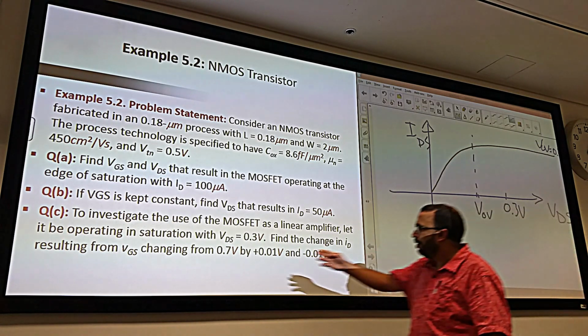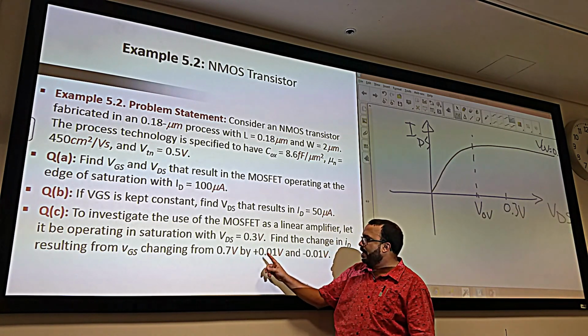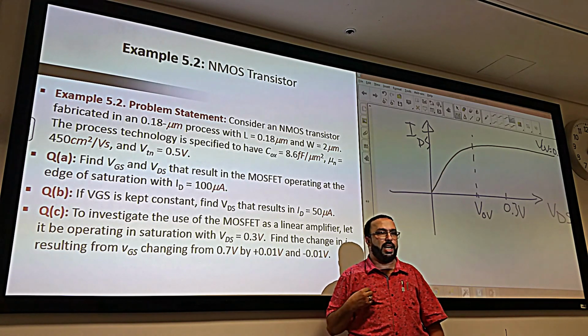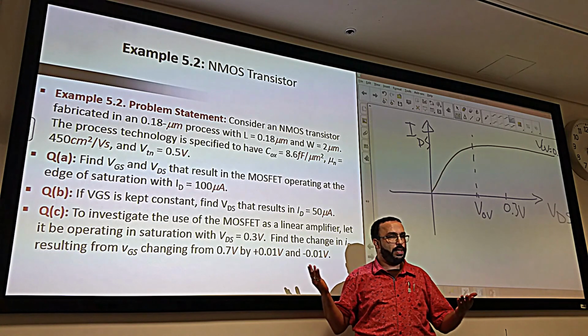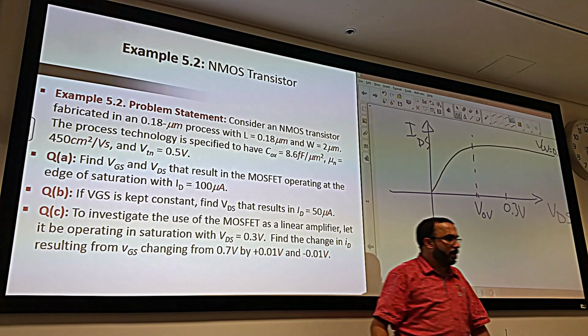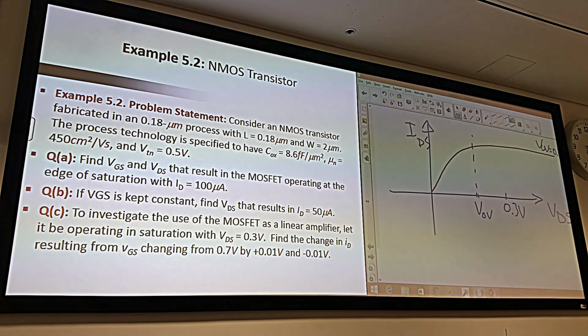Now, if VGS increased by 0.01, the overdrive increased by how much? By the same amount, because the difference is VT. That means we will be on a different curve. I will draw it here in red. It will be, for example, not exactly the same, but this will be 0.2 plus 0.01 volt.